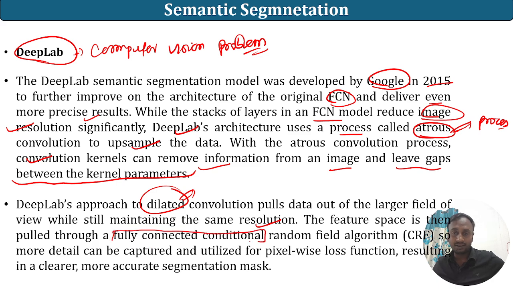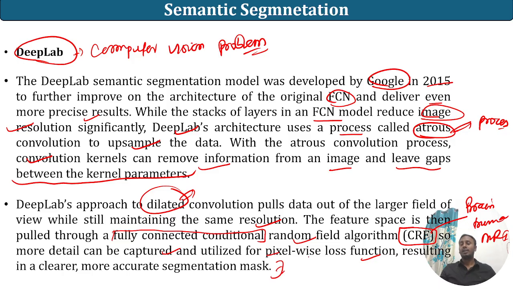Same again, with a conditional random field algorithm called CRF that we use in brain tumor problems, like MRI problems, you know. So more detail can be captured and utilized for the pixel-wise loss function. So it will give more and more accurate results.